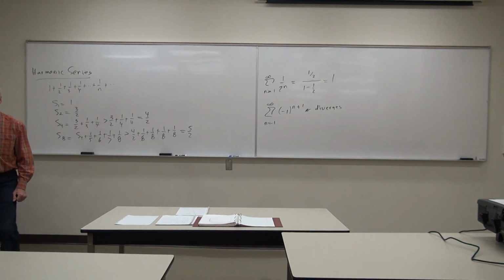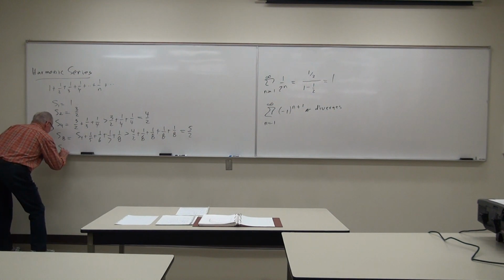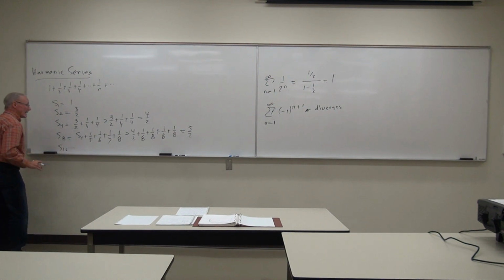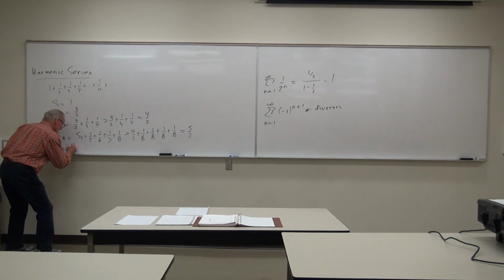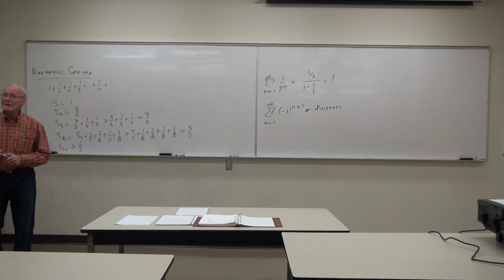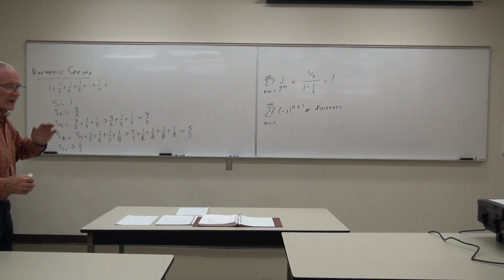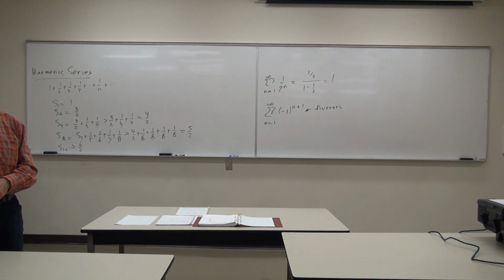Right? Can you guess, if I go look at S sub 16 and do this same thing, what I'm going to get? I think I'm going to get it bigger than 6 halves. And the answer is yes. If I look at S sub 32, bigger than 7 halves.